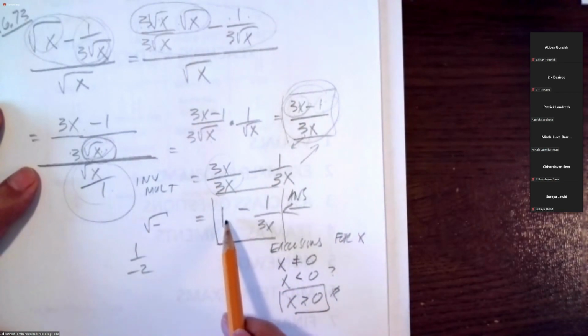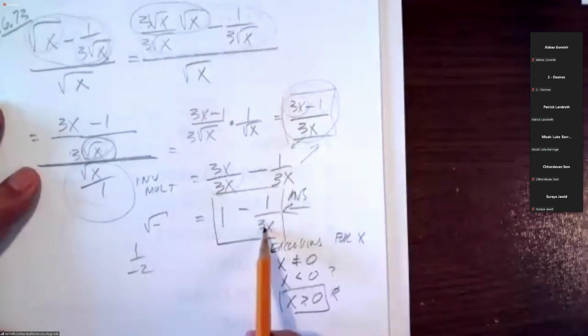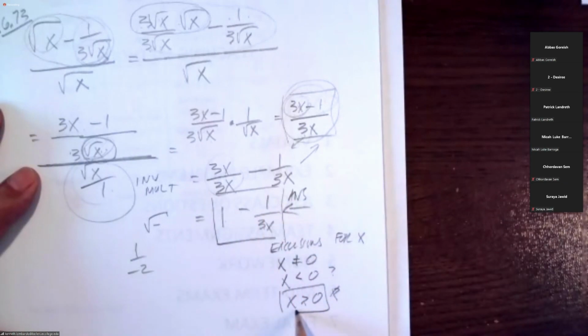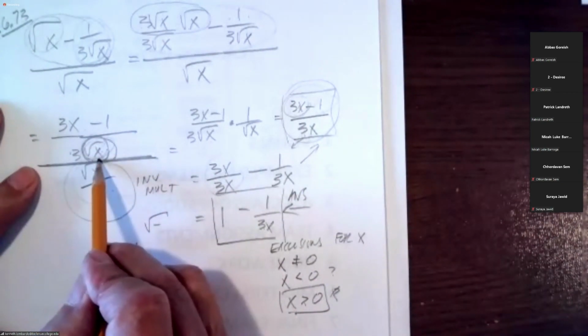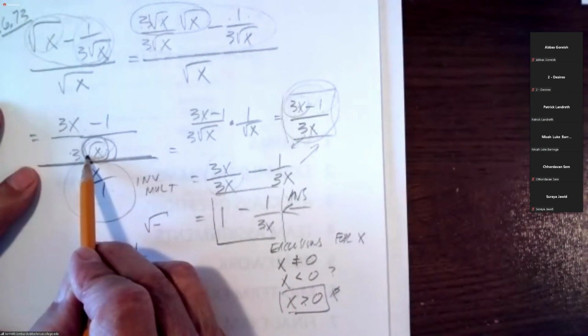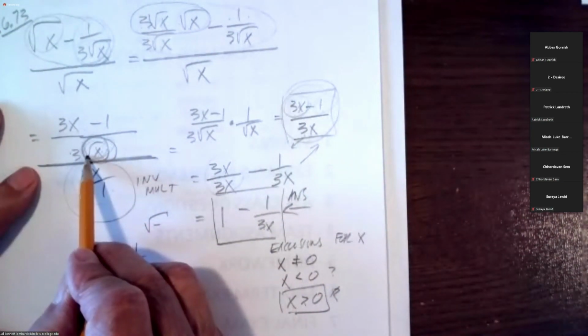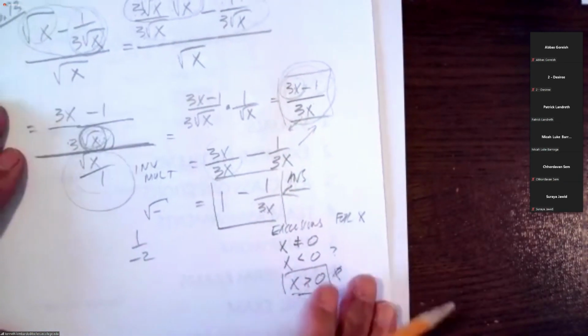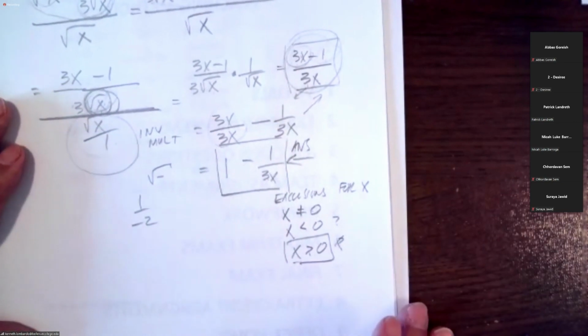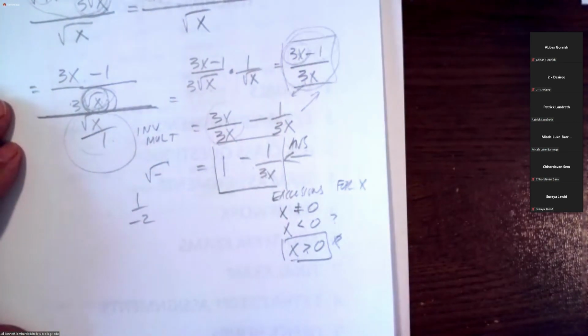So our answer is 1 minus 1 over 3x, with the stipulation that x has to be greater than 0. If it's 0, that denominator goes to 0. If it's negative, then we're taking the root of a negative number. That's not a real number. So x has to be greater than 0 for that answer. Questions?